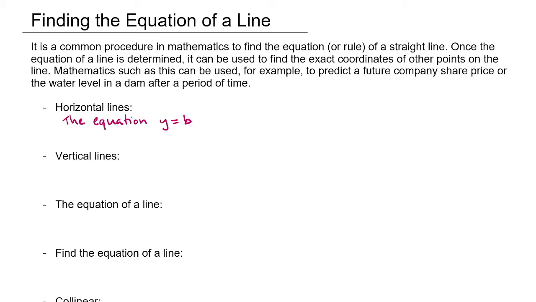It is a zero gradient line. It doesn't have a slope, therefore it doesn't have that mx part. It is just y equals b because it won't matter what x equals, and b is our y-intercept. So that's the first thing to remember.